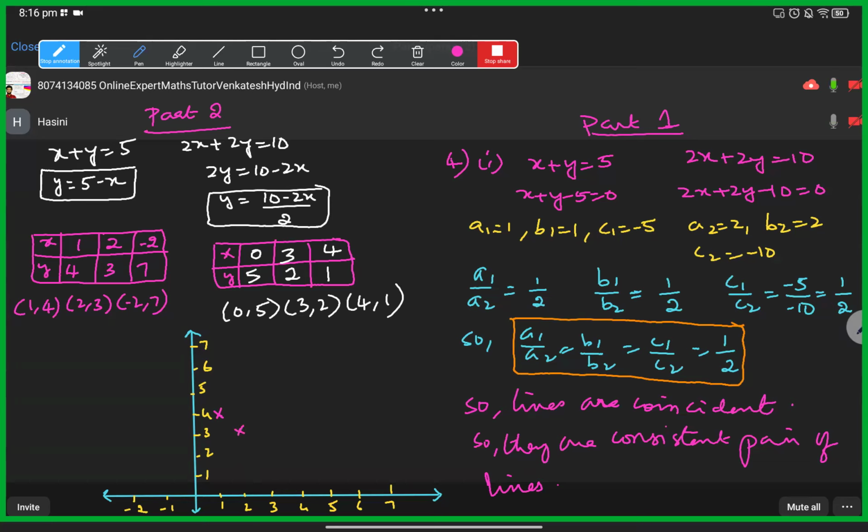And finally minus 2 comma 7, x is minus 2 and y is 7, in the second quadrant. Now if I connect them, I'll get a straight line.